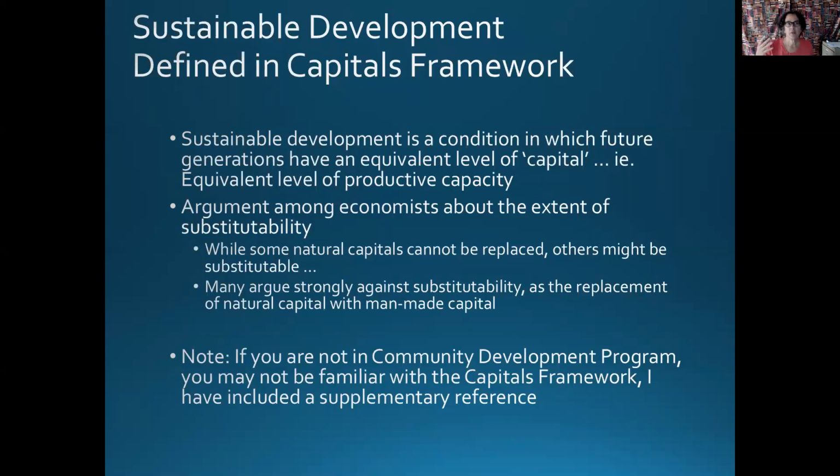They can also take fish, they can take trees for lumber or whatever trees are used for in the future. And that gets us to one of the arguments around that intergenerational equity definition. There's an argument among economists about how much you can substitute one capital stock for another.